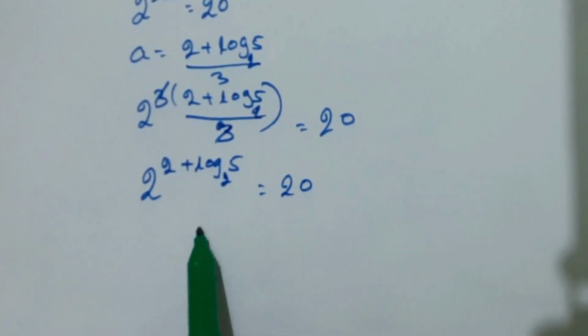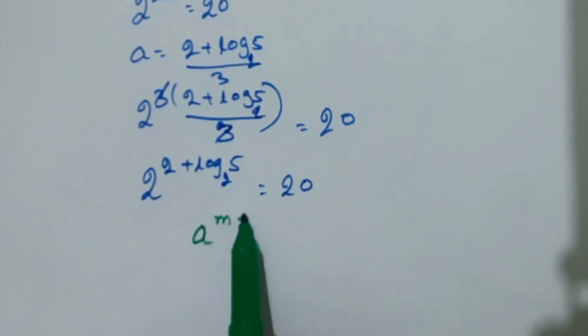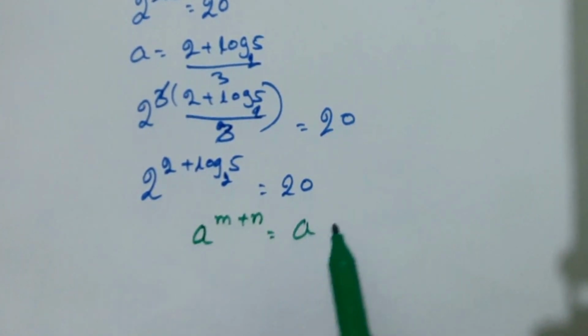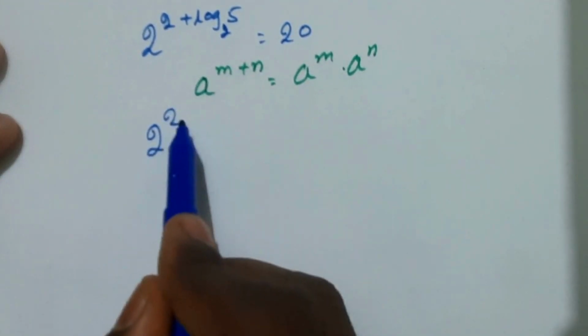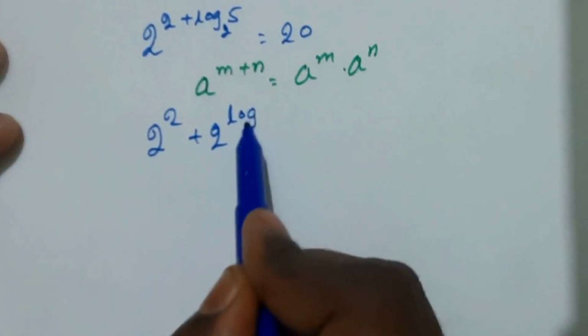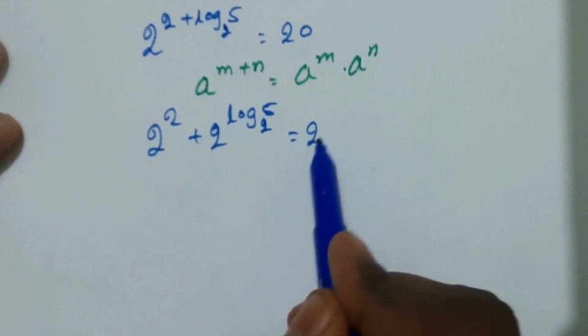We are going to apply this formula: a to the power of m plus n equal to a to the power of m into a to the power of n. 2 to the power of 2 into 2 to the power of log 5 base 2 equal to 20.